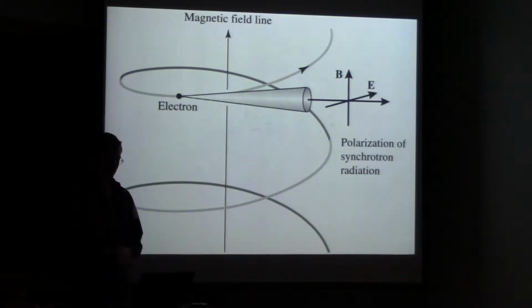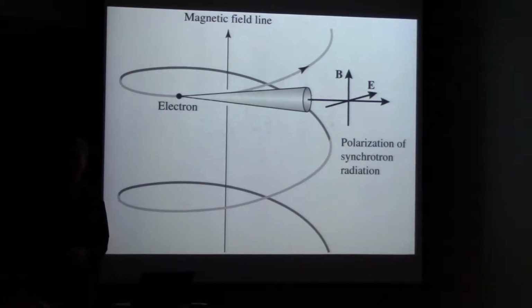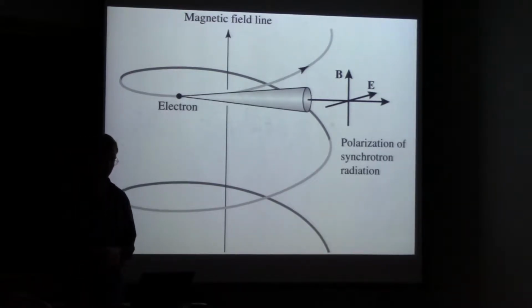The radiation has its electric field preferentially perpendicular to the magnetic field lines, and its magnetic field is preferentially along the magnetic field lines. So by using polarizing filters, we can exploit the fact that the radiation is polarized, primarily having its electric field vibrating, if you will, along a direction determined by the local magnetic field line.